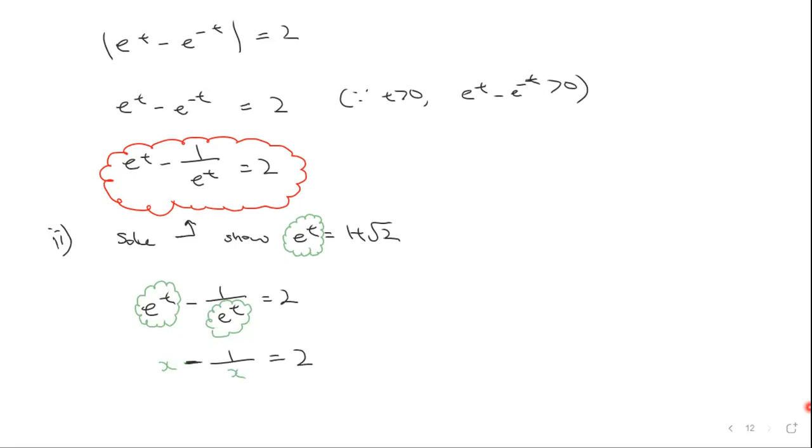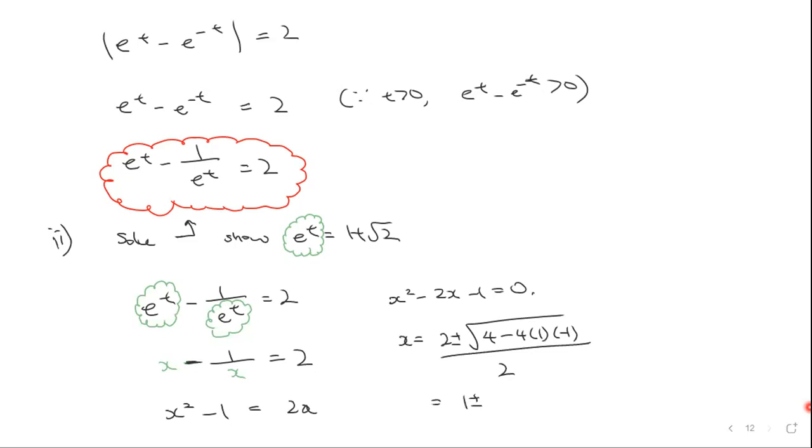You can just multiply everything by x, which means, of course, that x squared minus 2x minus 1 equals 0. And then you can use the quadratic equation. 4 plus 4 is 8, which is 2 root 2.